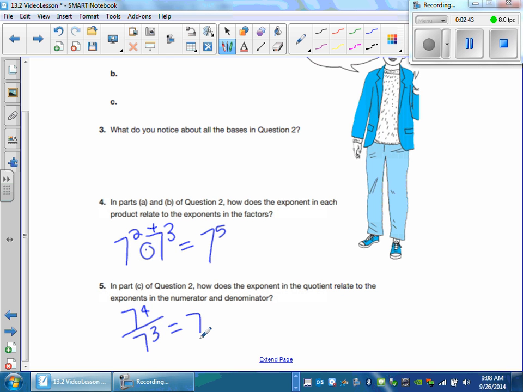So my base stays the same, it's 7, and I take 4 minus 3 to get an exponent of 1. So again, if you have a product, you add your exponents, and if you have a quotient, you subtract your exponents. And we'll do a little bit more practice with it throughout the lesson. I just thought problem 1 was a little confusing for you, and I didn't want this whole concept to come off as difficult.